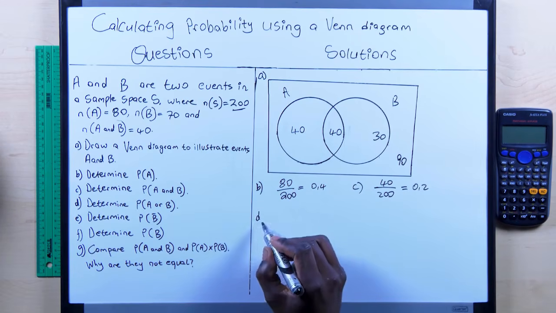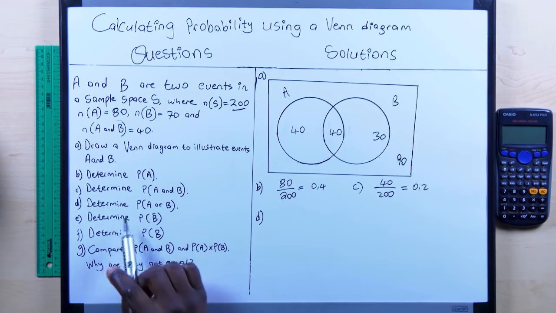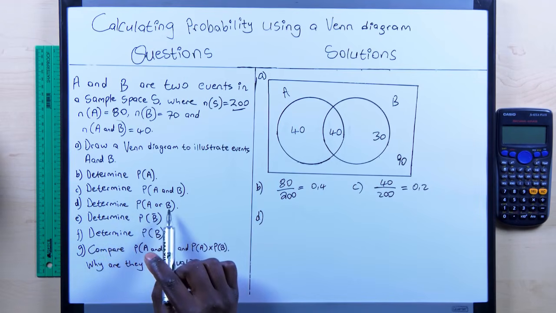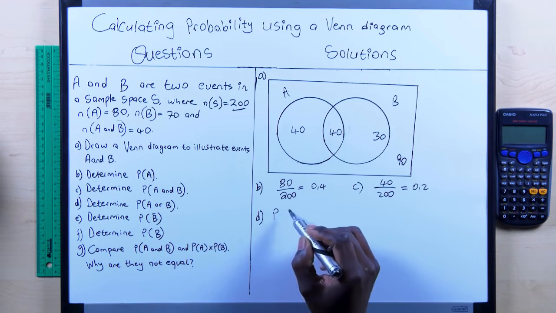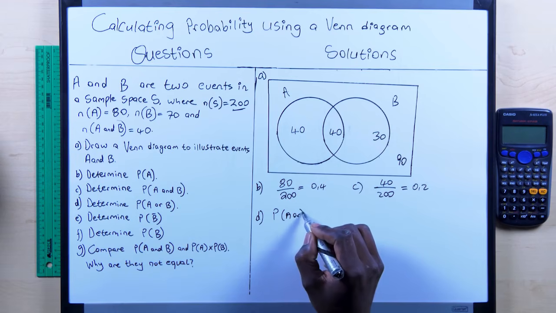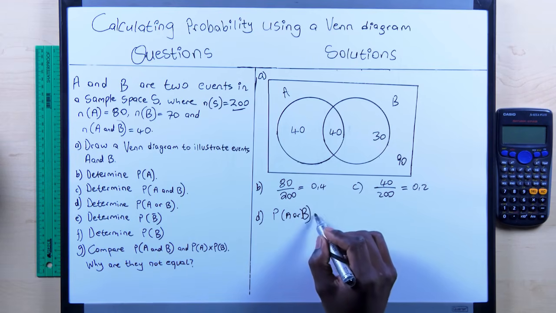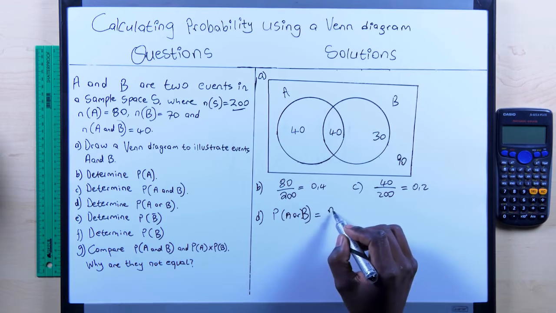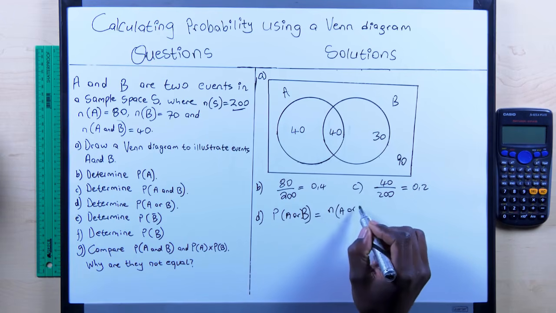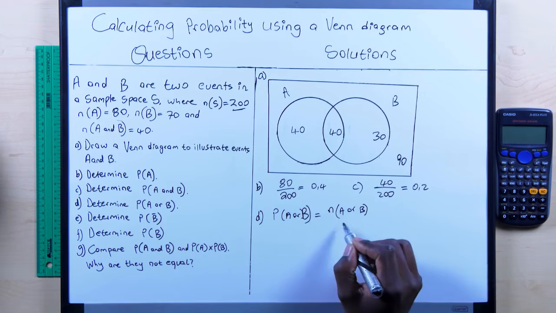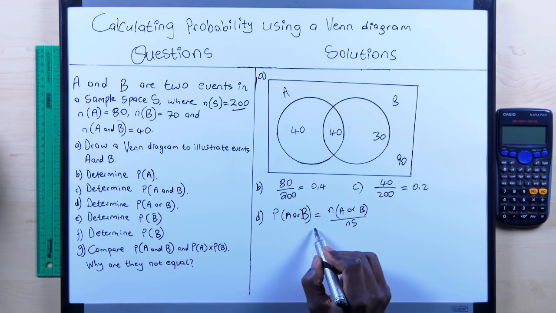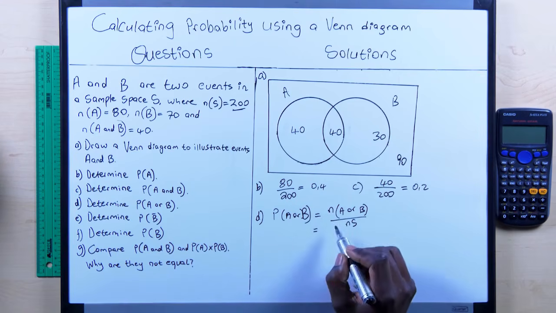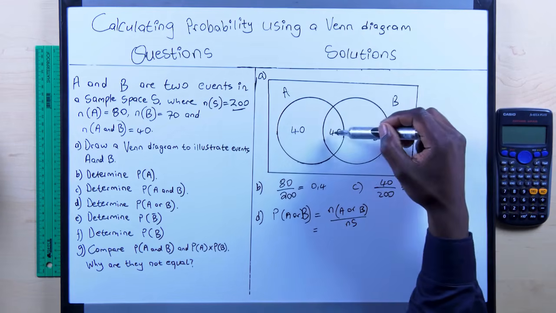Number D, determine the probability of A or B. This is very, very important. What does it mean? It means that what we must focus on is the following. It's going to be A or B, which should be expressed as n of A or B divided by n of S. Clearly, this means that we must have this and this and this.